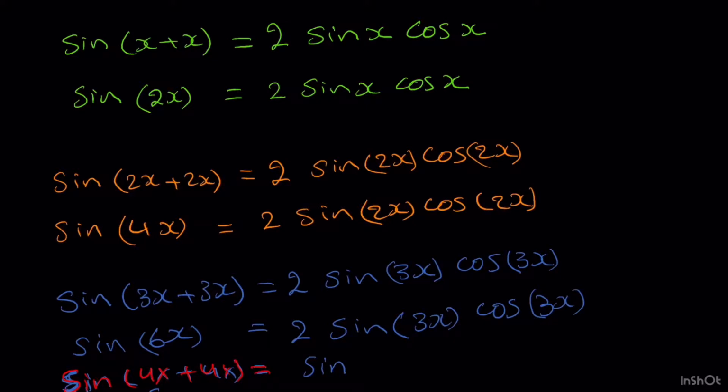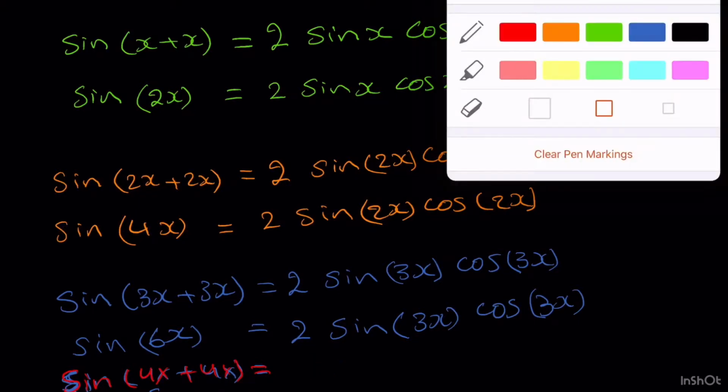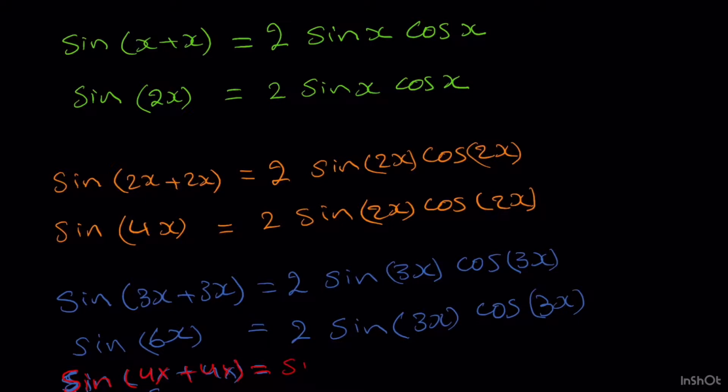Sine 4x plus 4x equals sine 8x. Yeah, this is 4x plus 4x is 8x, and this is going to be equal to 2 sine 4x cosine 4x.